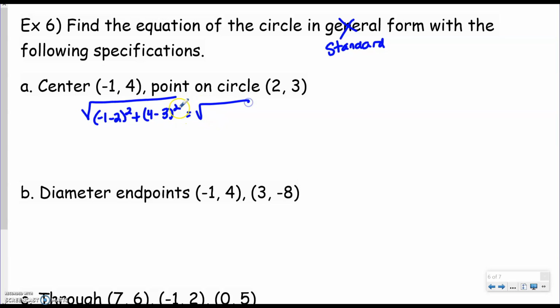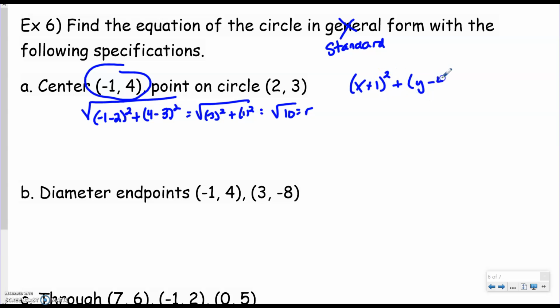So we get the square root of -3 squared plus 1 squared, which gives us the square root of 10. So this is going to be our radius. So when we plug this in using the center and the radius, we get x minus -1 quantity squared plus y minus 4 quantity squared, and then the square root of 10 squared actually just gives us 10. And we're done there.